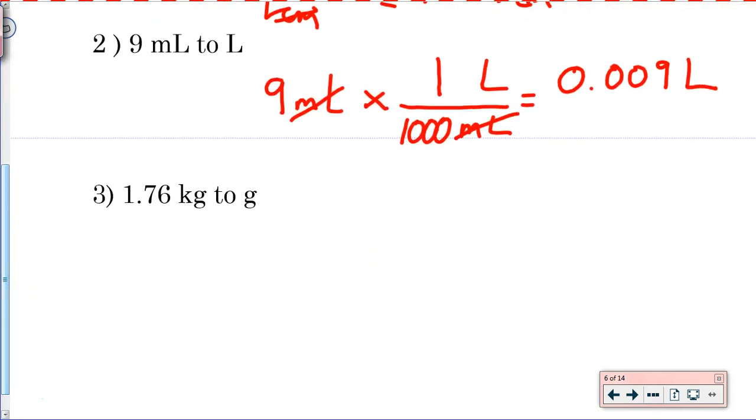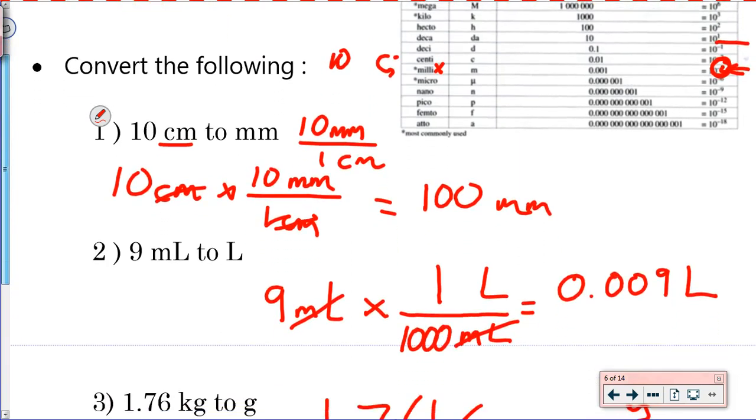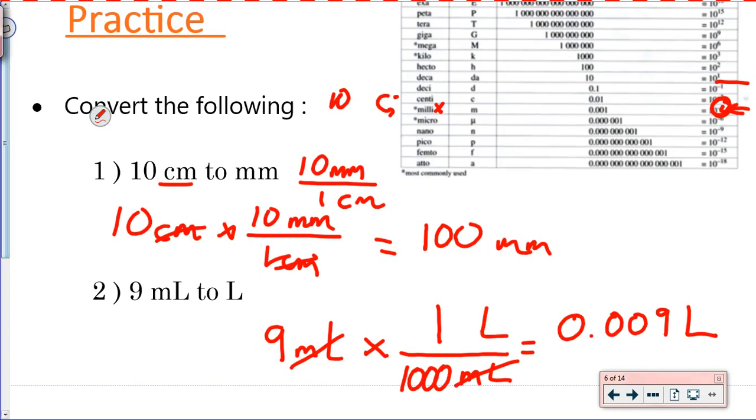The last one, pretty much the same idea, only this time we're going from a big unit to a small unit. 1.76 kilograms times, if we don't want kilograms anymore, they could go on the bottom. Grams could go on the top. And again, we're going to take a look at the list at the very top, and to figure out how many are there, obviously we know we're starting at kilograms, which is 10 to the 3 up here.